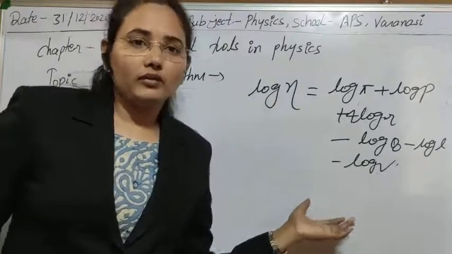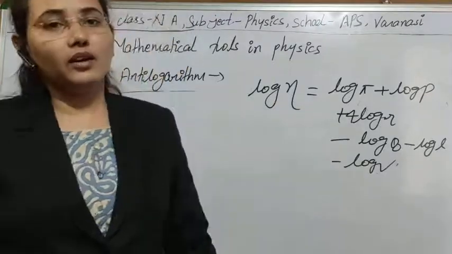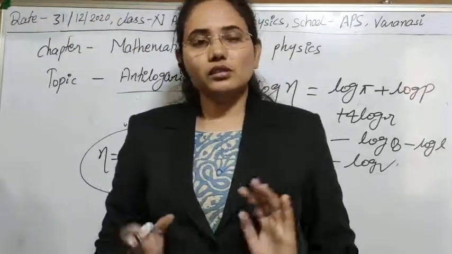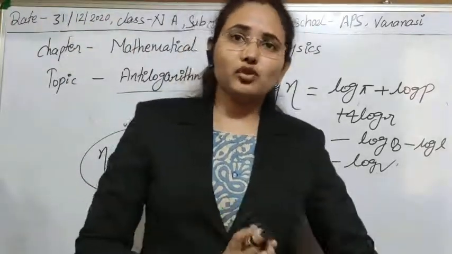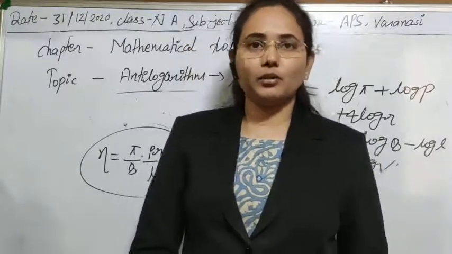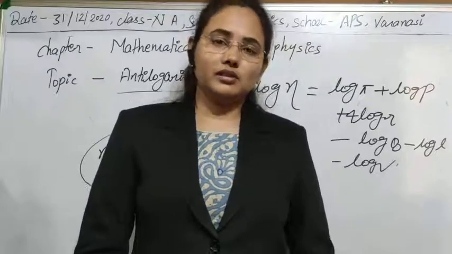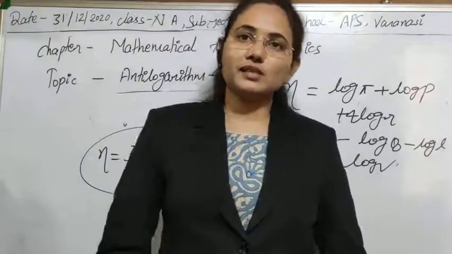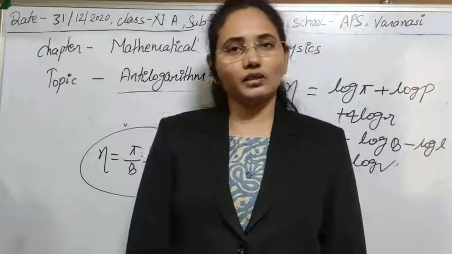After getting the value of log eta, you can take anti-log of it, and after that you will be able to solve for eta here. So this is a very easy way to solve typical numericals and typical problems that you have in your physics problems. So I think, students, the examples, applications and process for log and anti-log are clear.